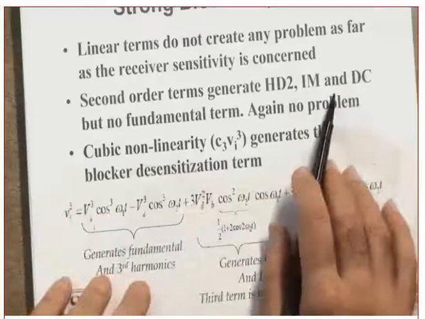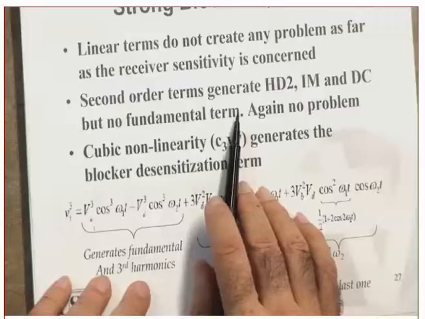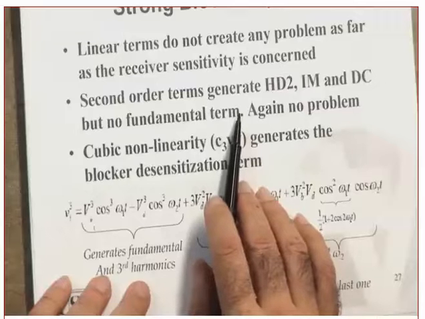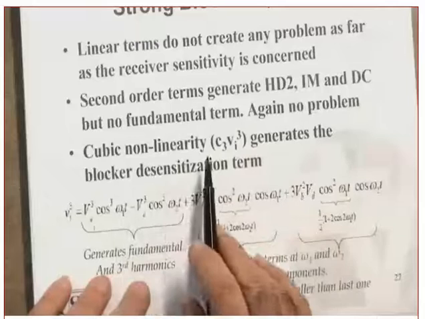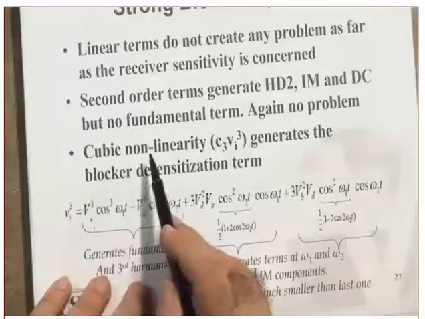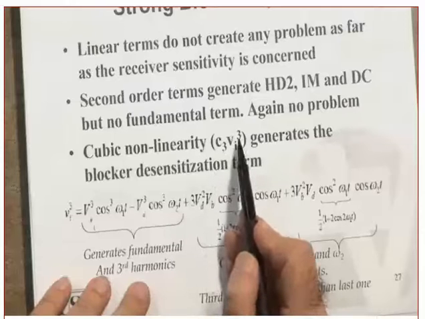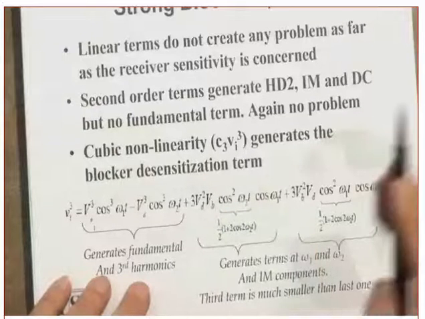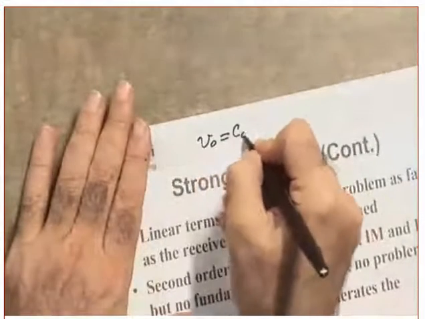Okay. All of these are no problem if we are using the superheterodyne receiver architecture. Do you agree? They will not cause me any problem. Clear? Okay. The problem comes from the cubic nonlinearity, the C3 VI cube term in the output of the nonlinearity. One more time. What is V naught? C naught plus what?